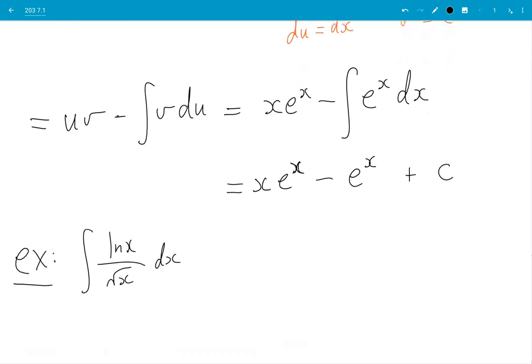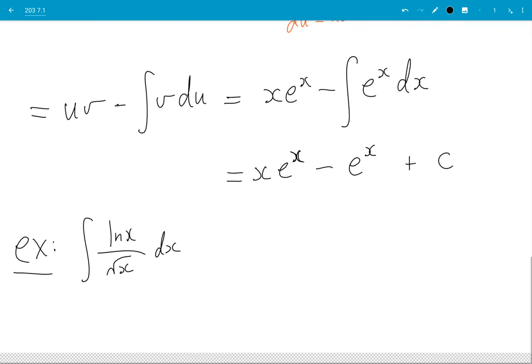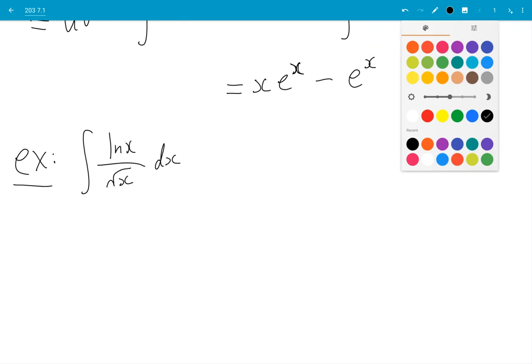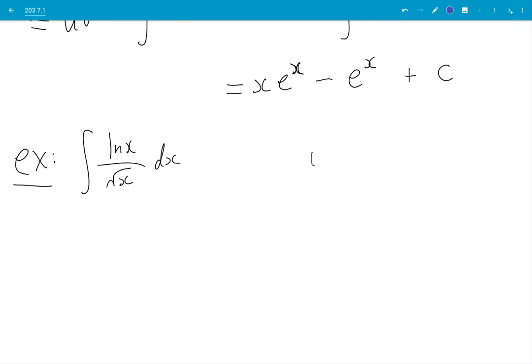So again, I'll make some choices here. I'm going to go blue. It's a bit easier on the eyes. u is equal to, I'm going to go ln x here. dv will be whatever is left, rather.